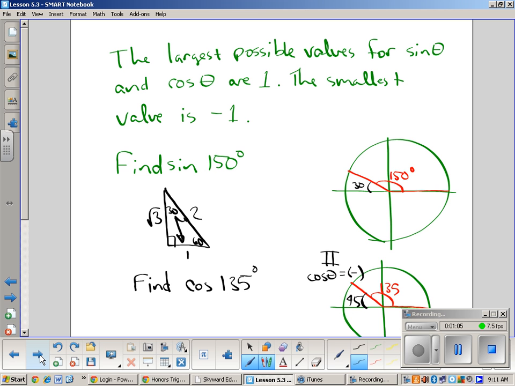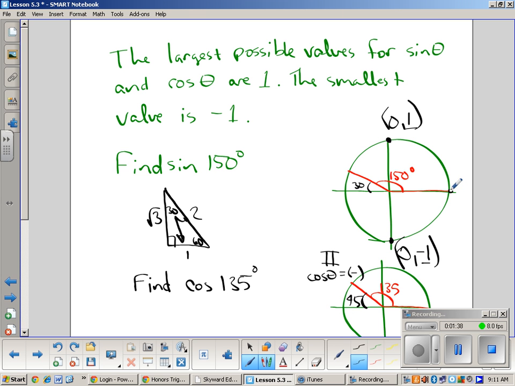The largest possible value for sine and cosine. The largest possible values for sine and cosine are 1. This ordered pair right here was (0, 1). This ordered pair here is (0, -1), and so the largest value for sine, the y value, is 1, and the smallest possible value is -1.